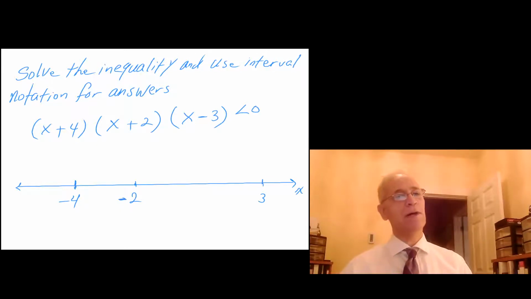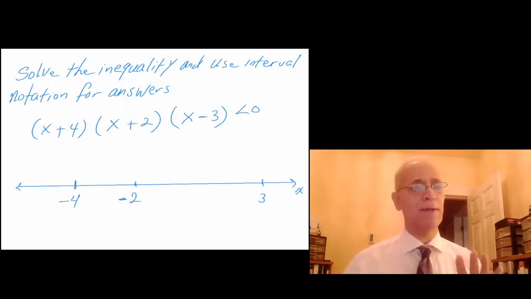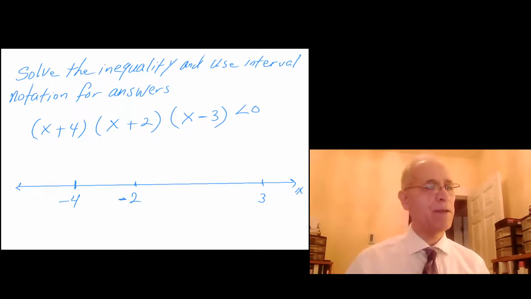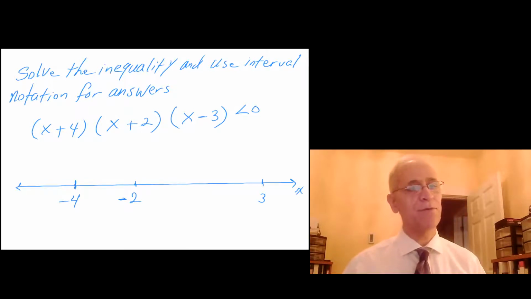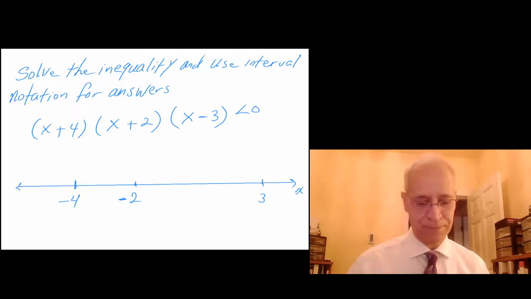And now I'm going to test numbers to the left of -4, a number between -4 and -2, and a number between -2 and 3. So first I'm going to start with a number to the left of -4, say -5.